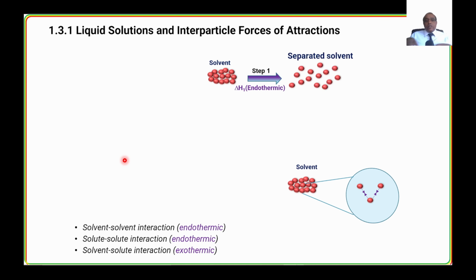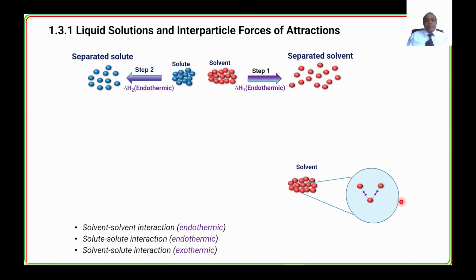Generally there is attractive force between these solvent particles, so we need to overcome these attractive forces by applying energy. We need to break this interaction to separate them. That is an energy requiring process. We call this process an endothermic process.